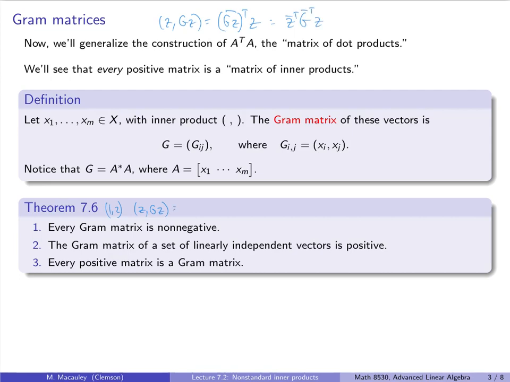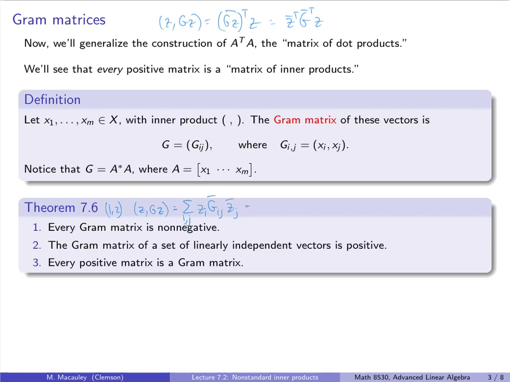If we write this out, this is the sum over n squared terms of the form zi times gij bar times zj bar.